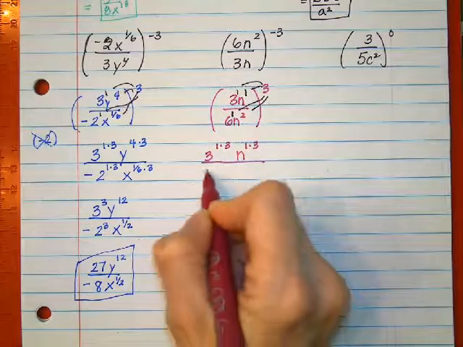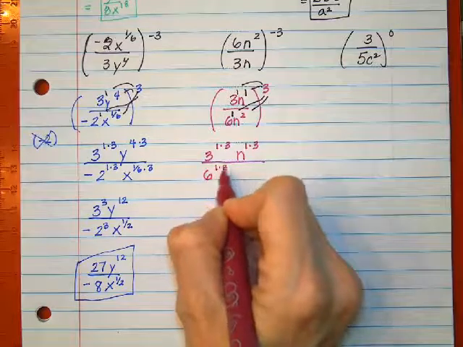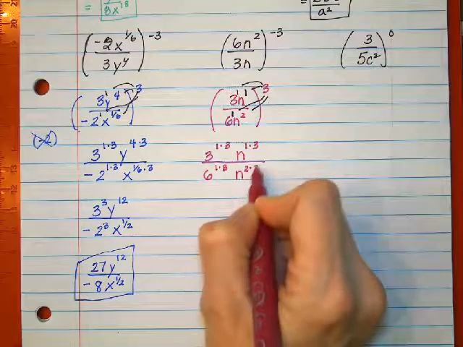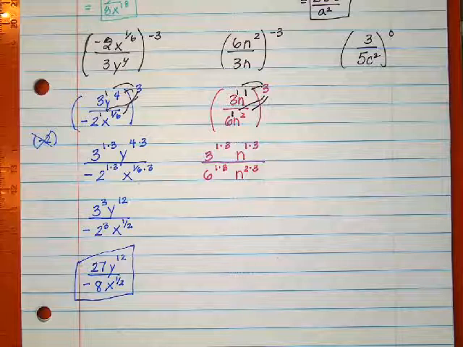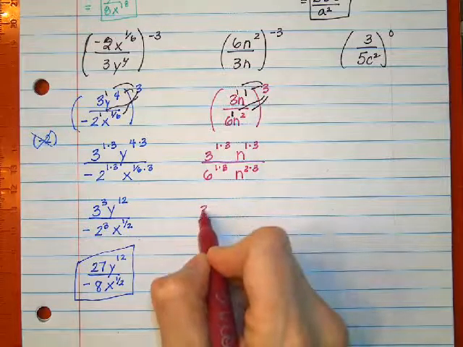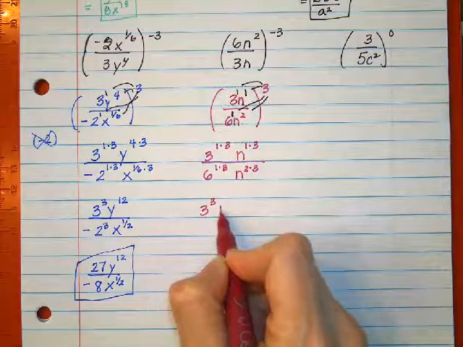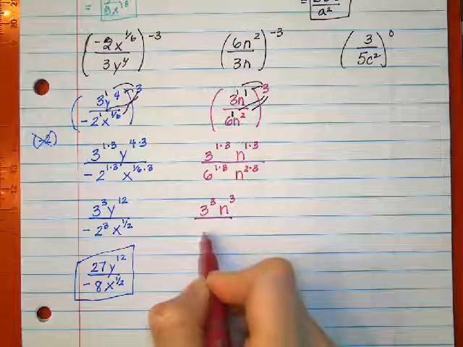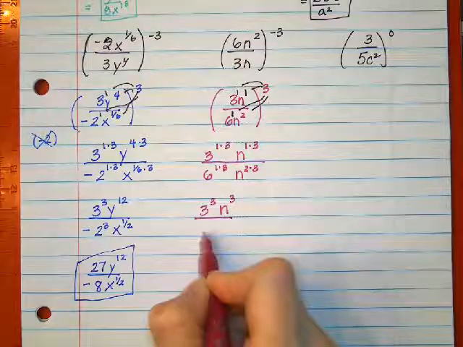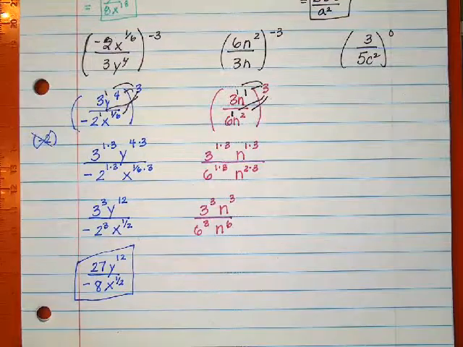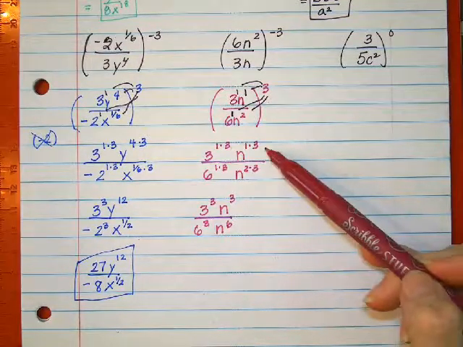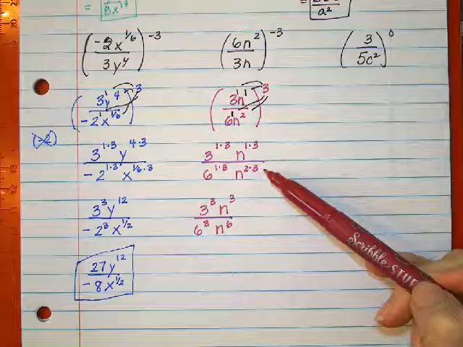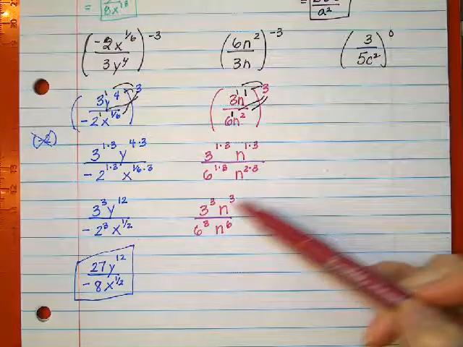And on the bottom, I got 6 to the 1 times 3, and n to the 2 times 3. So then I'm just going to do my multiplying. 1 times 3 is 3, and 1 times 3 is 3. Add those values, 1 times 3, 1 times 3, 2 times 3 to give me 6.